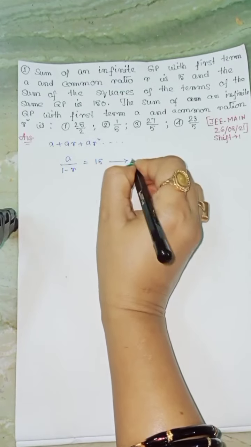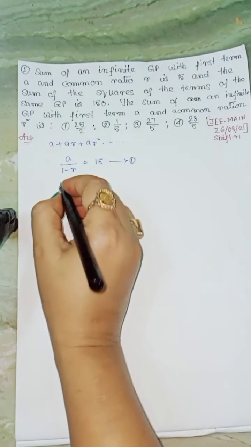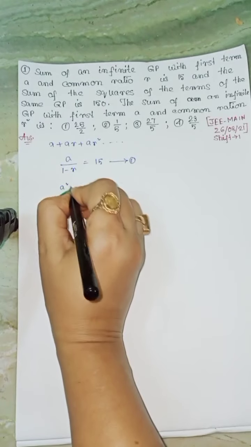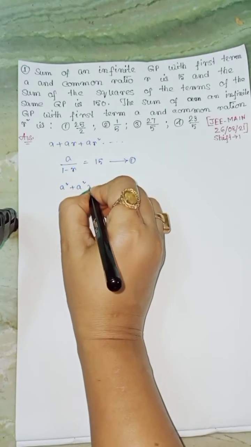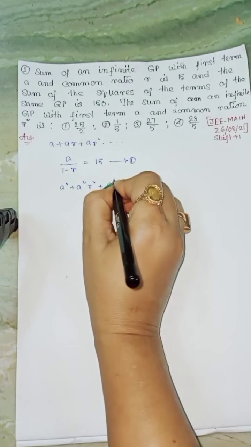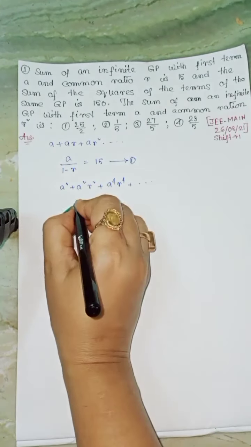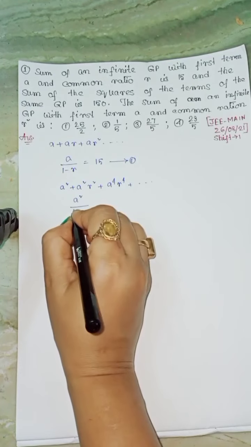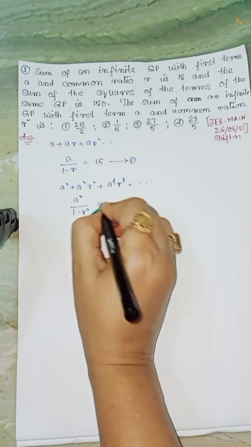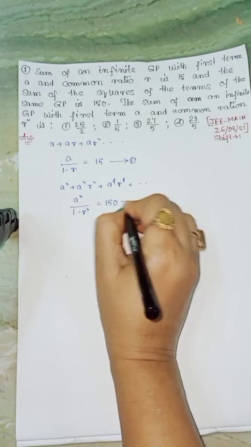This is our equation 1. The second GP is A square plus A square R square plus A to the power 4 R to the power 4 plus dot dot dot, and the sum of this GP, A square by 1 minus R square, is equal to 150. This is equation 2.